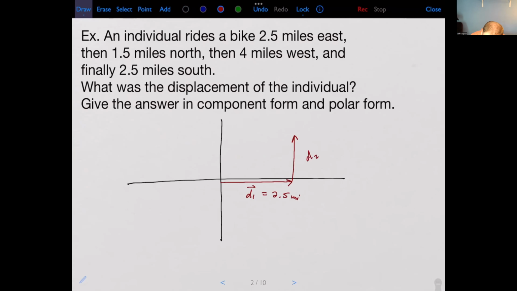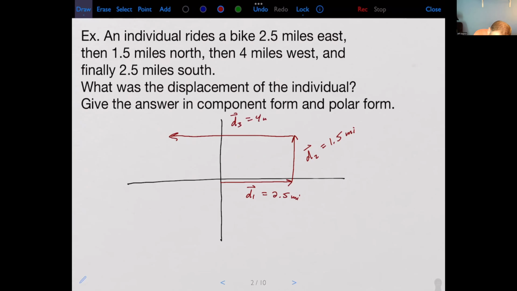So I'll call this D2, 1.5 miles. And the direction is given by the vector, right? It's north. Then they walk 4 miles west. So again, I'm going to put the tail of D3 at the tip of D2. Draw it like this. So this is D3.